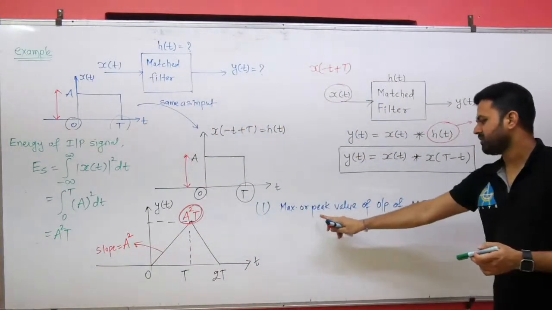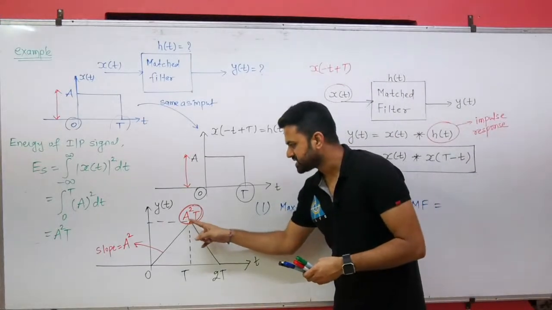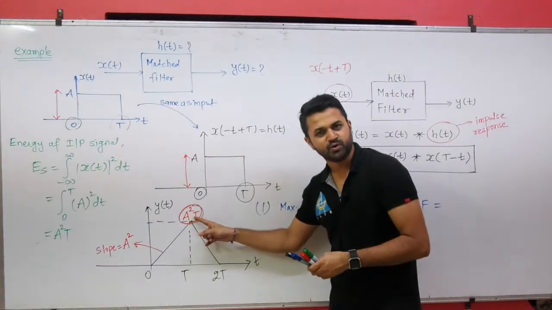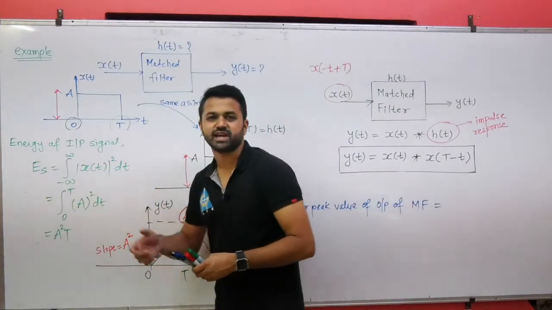So the maximum or peak value of the output of the match filter is a square t, and this a square t is equivalent to the energy of the input signal.